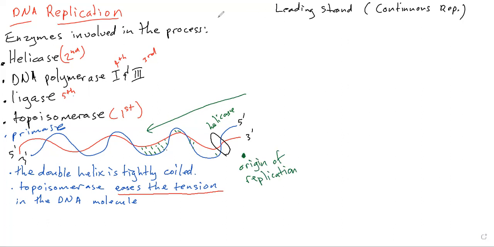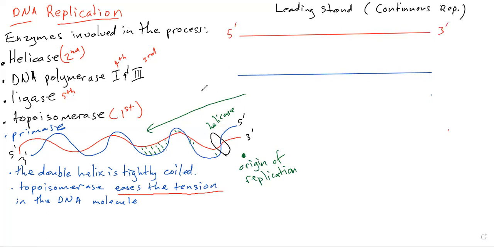All right, we're not sure. Let us figure it out. So we have a red strand and we have a blue strand. The red strand here, 5 prime, this is 3 prime.